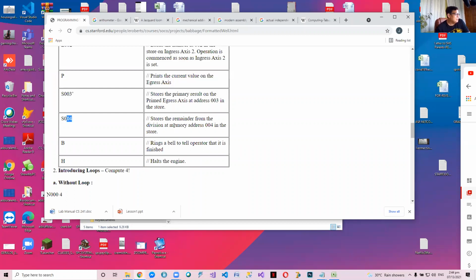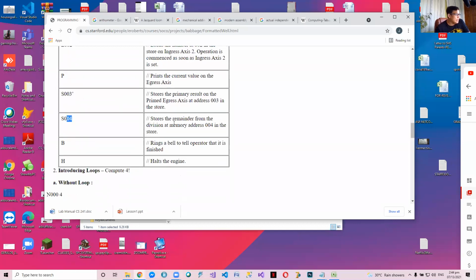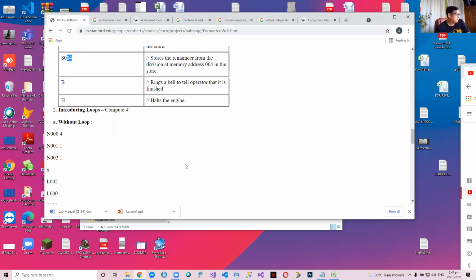Egress, right? Yes, egress to memory. Ang ginagamit ng load will be ingress. Ang ginagamit ng store is egress. Do you follow? B will ring the bell on success and H holds the engine.